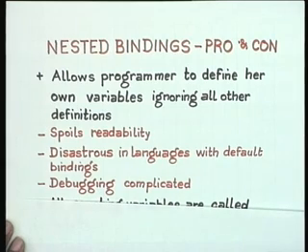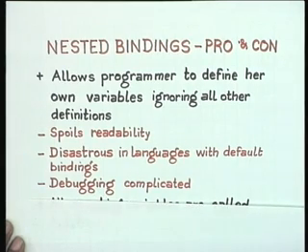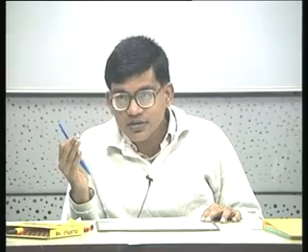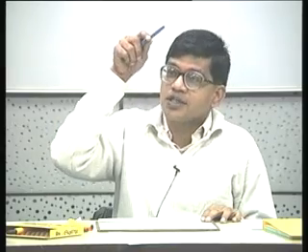However, as I said, it spoils readability. It's quite disastrous in languages with default bindings. I'll just show you what default bindings are, and then of course it complicates debugging. For example, suppose you intended to introduce the name I in your scope, but you actually forgot to declare it, and there is an I in some other scope.